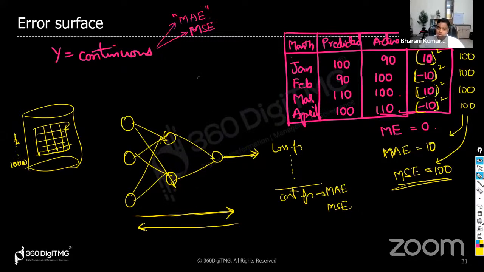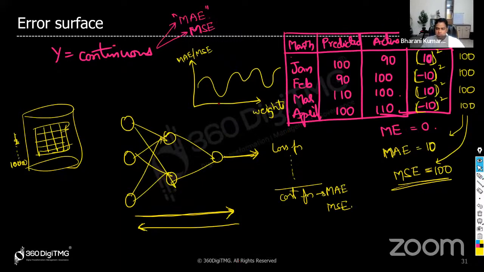However, why are we updating the weights? To minimize this loss, either mean squared error or mean absolute error. Whatever you are using, you want to minimize that, by changing your weights. You keep changing your weights and you keep minimizing your error.